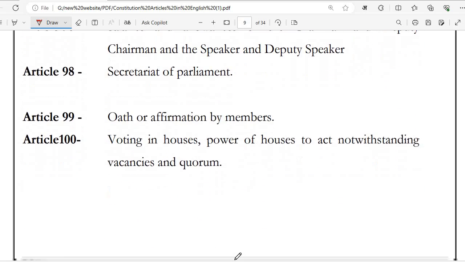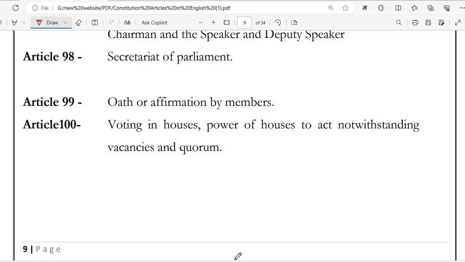Secretariat of Parliament: Lok Sabha has its own secretariat, Rajya Sabha has its own secretariat. Oath or affirmation by the members: Lok Sabha members subscribe to the oath before the pro tem speaker, and in Rajya Sabha the chairman administers the oath.